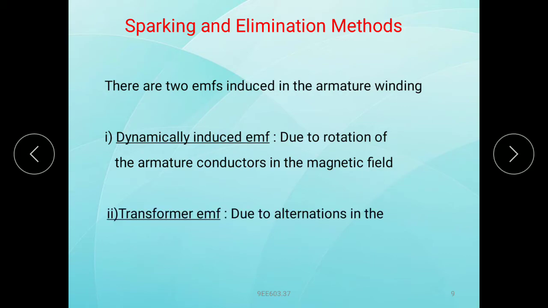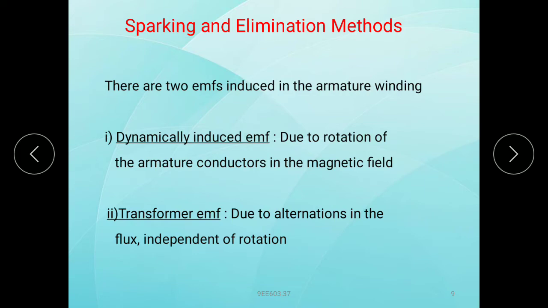Now another one is transformer EMF, due to alternation in the flux independent of rotation. Why? We are applying the AC supply, AC flux.